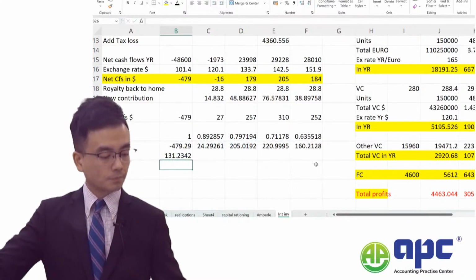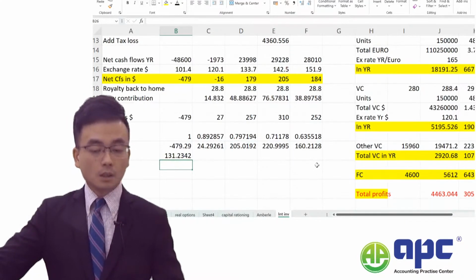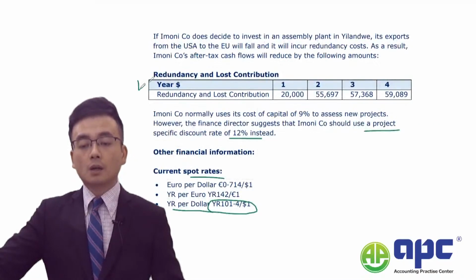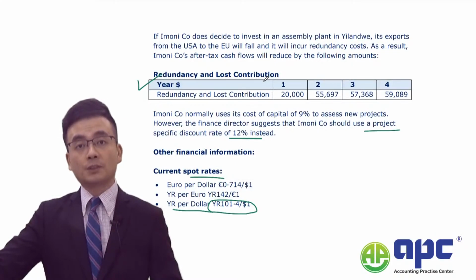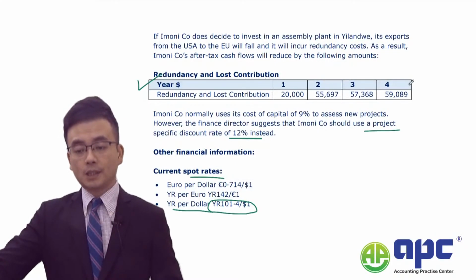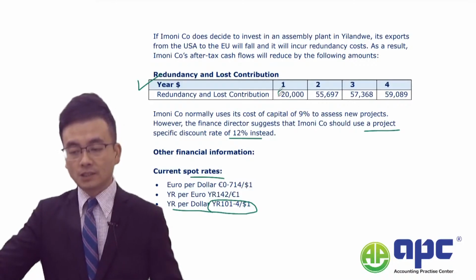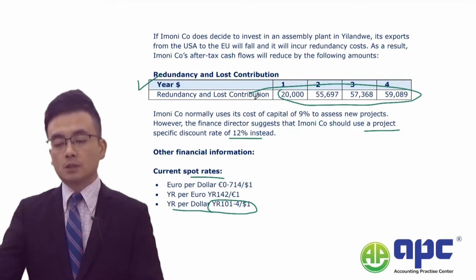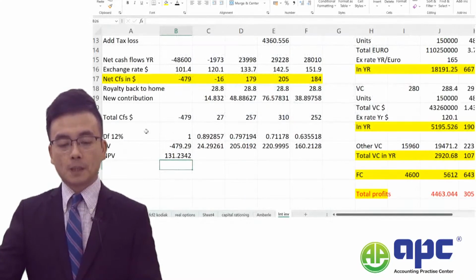Okay then. Now of course, we also have another table for redundancy and lost contribution. If we were to undertake this project, these are the costs there, but these are so small. So you can, of course, subtract all of these, but it's entirely up to you.